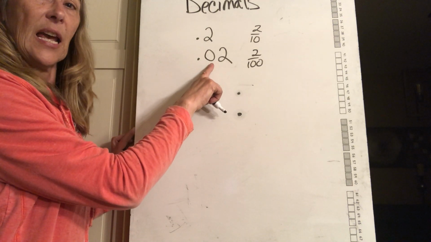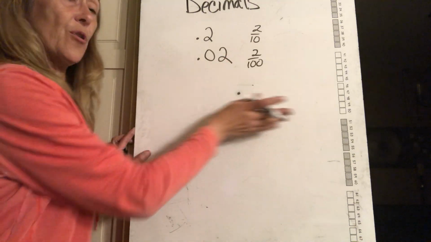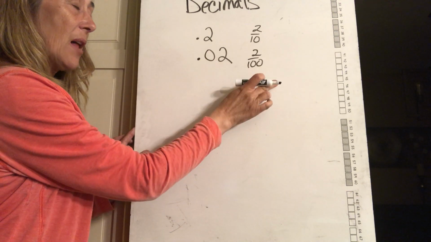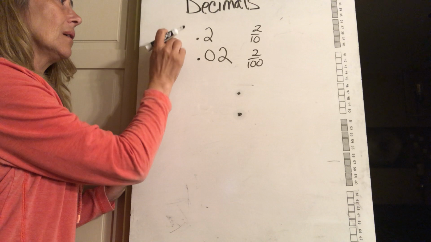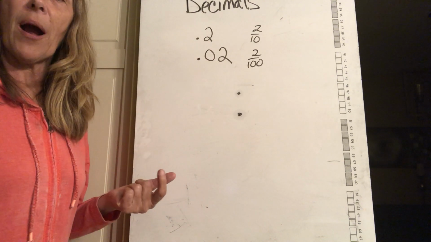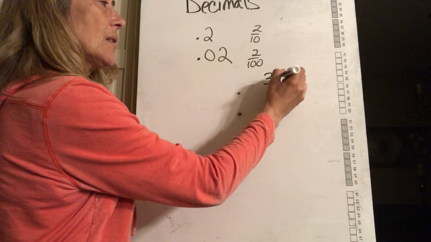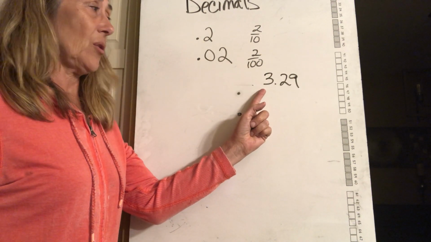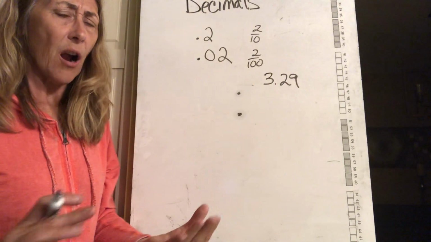So this is the tenths. This is the hundredths. The further out it goes, the further away from the decimal, the smaller the number, because these are my wholes and these are my parts. It goes back to money. $3.29. These are the wholes, 3 wholes and 29 cents. 29 cents isn't a dollar.